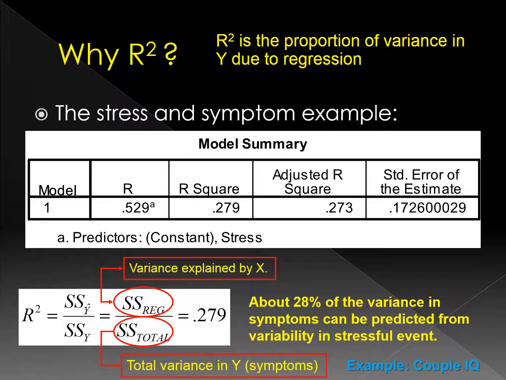Therefore, R squared is a very straightforward way to explain what percent of variance in Y is being predicted by X. And it is very useful even in daily life.